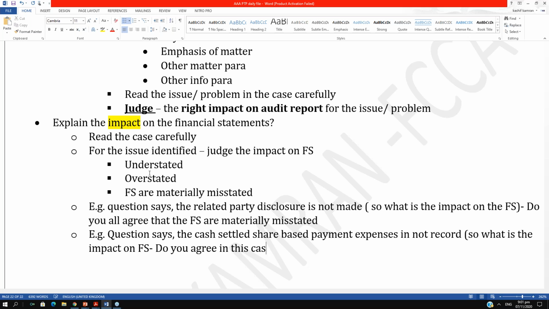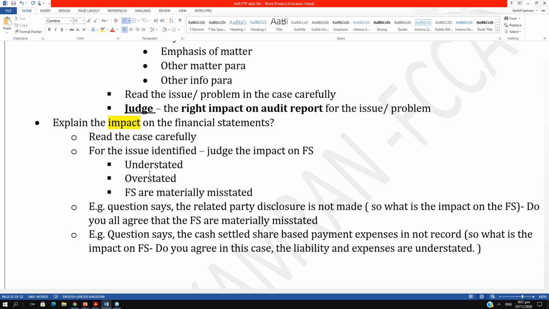In this case, the liability and expenses are understated. Do you agree?